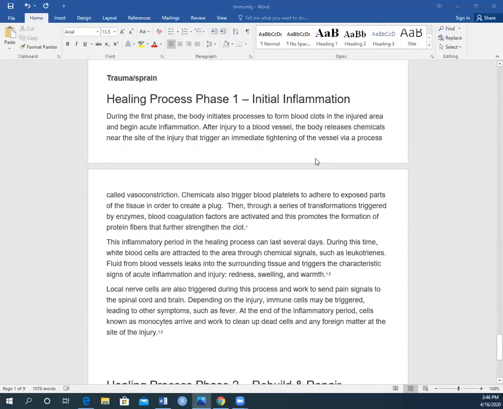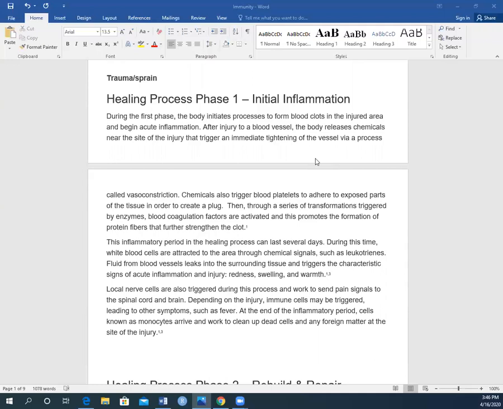Okay, for major trauma or even a sprain, the first thing that's going to happen is inflammation. And remember, inflammation is going to cause those mast cells to release cytokines, which will cause vasodilation, which causes increased blood flow to the area.